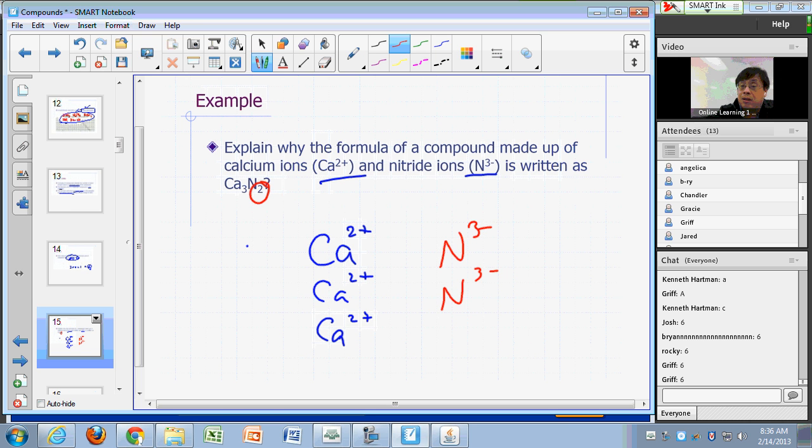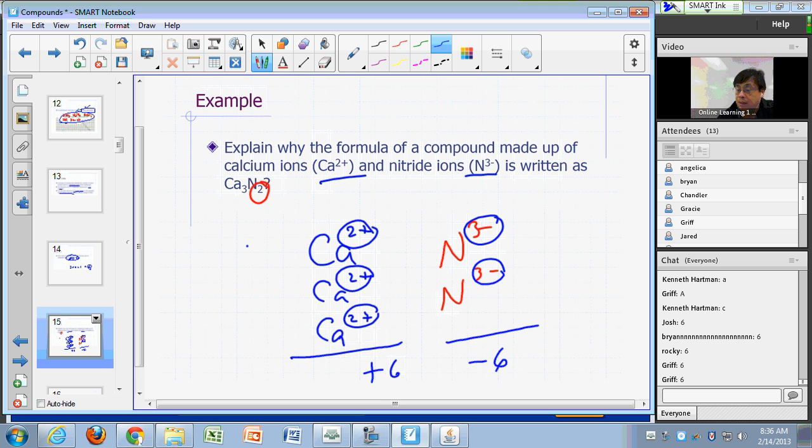And you can see your charges add up to 0. So plus 2, plus 2, plus 2, that's a total of plus 6. Negative 3 and negative 3 adds up to negative 6. So that's the simplest combination of ions that has a total charge of 0. That's called one formula unit. So one formula unit of this compound has 3 cations, 3 calcium ions, and 2 anions, 2 nitride ions.